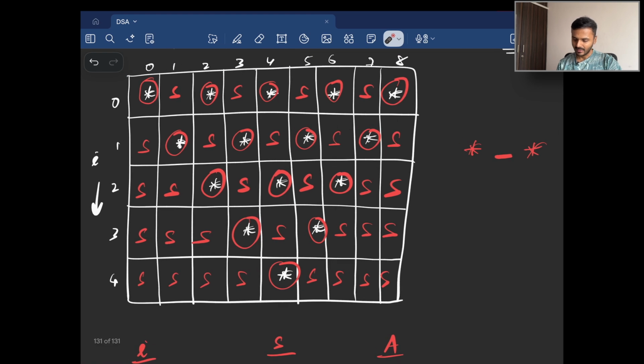And like I have said, we don't need to worry about the spaces at the end, because even if we don't print them explicitly, our pattern will look absolutely fine.